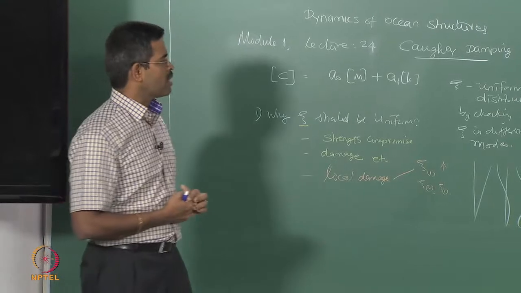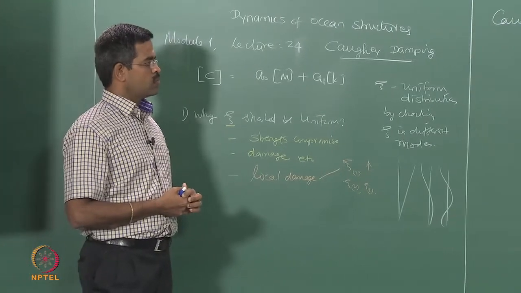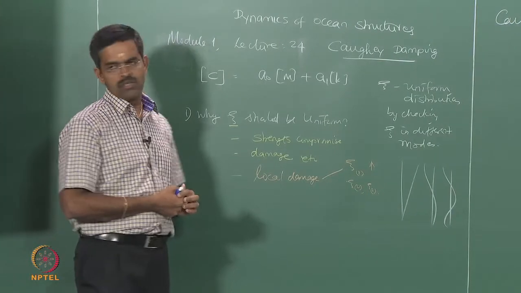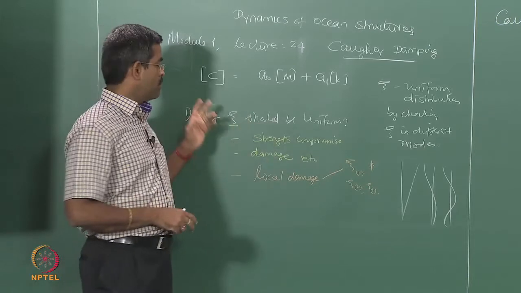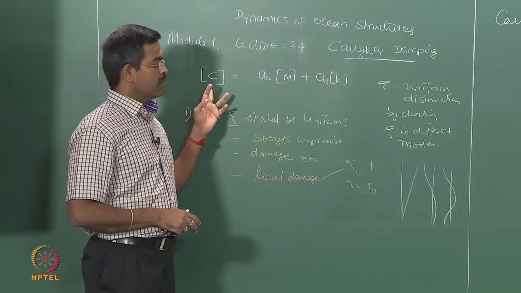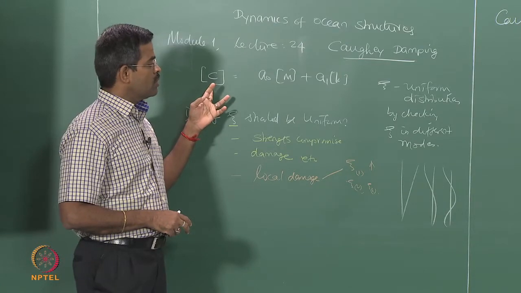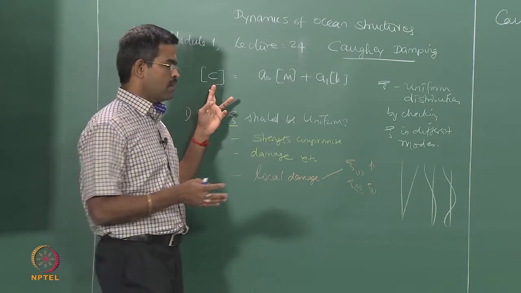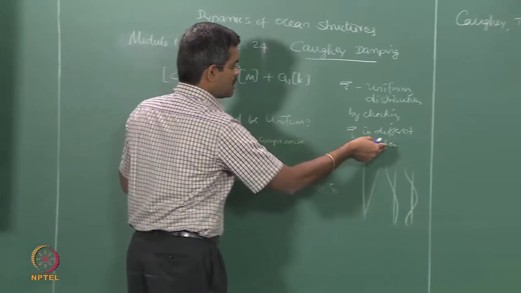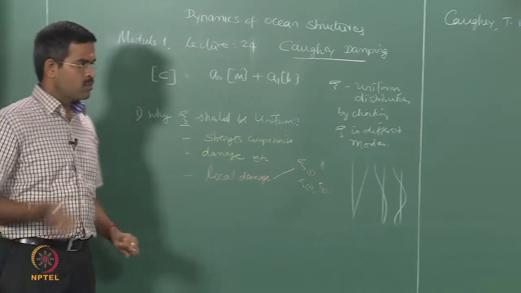Therefore, one cannot look for a classical method of 2 zeta omega n where damping can be more or less uniformly distributed. We must ensure that by forming a damping matrix we show that it has a uniform distribution of damping in almost all the considered modes of analysis, not all the modes present in the system.